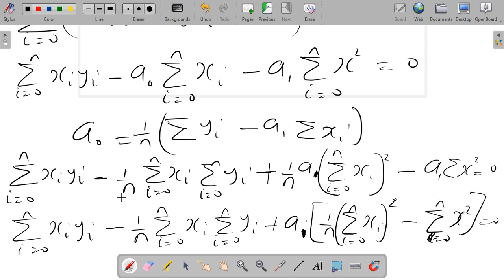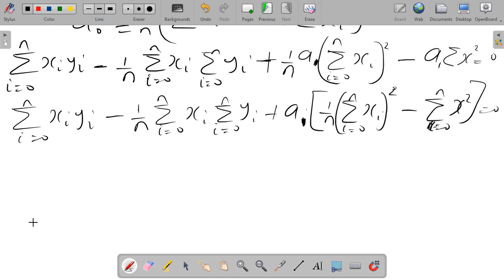So now these two move to the other side, because remember the main aim is to make a1 the subject of the formula. But before that, let us multiply everybody by n, because I don't like this over n that I'm having everywhere.